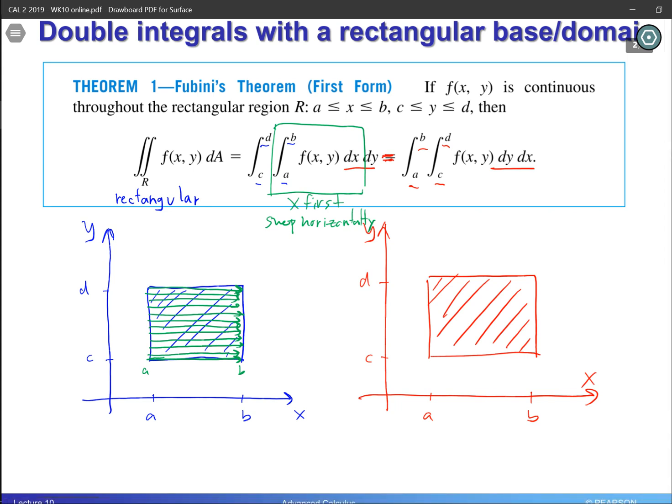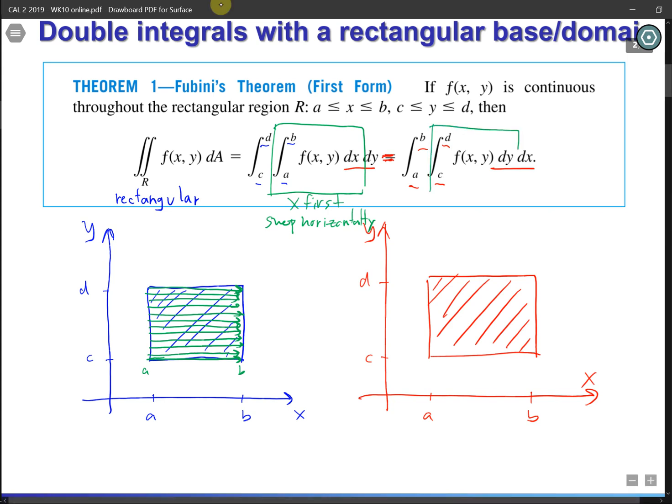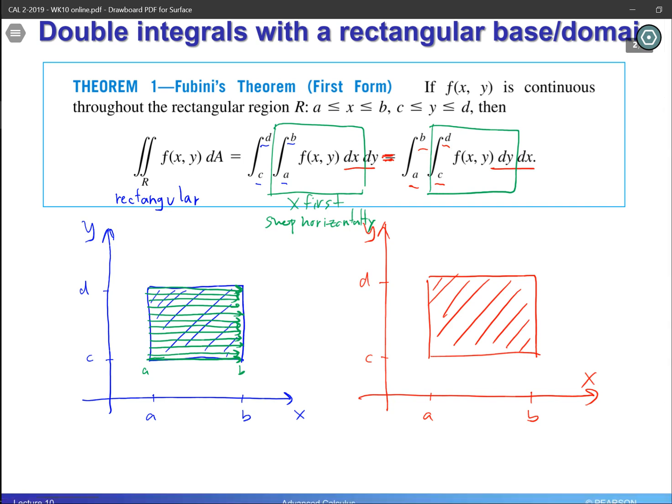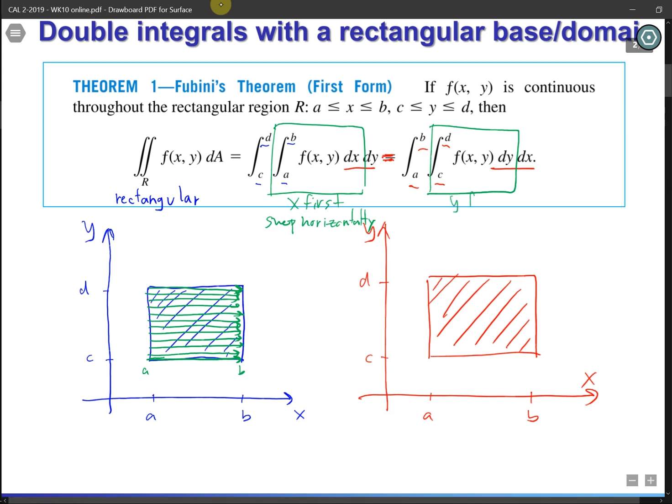Now, on the right hand side, on this graph, let's take a look at this. This is integration of the function with respect to y. We are working on the y variable. When it comes to the y variable, it's along the y-axis. This is something that you have to do vertically. So we are working on the y variable first, so we are going to sweep vertically.